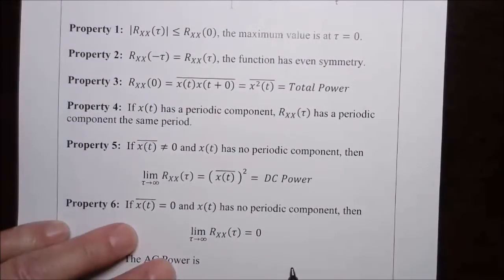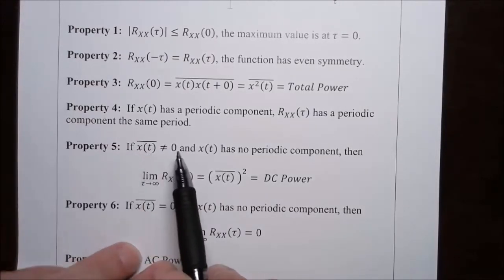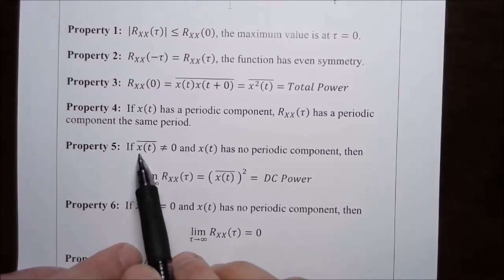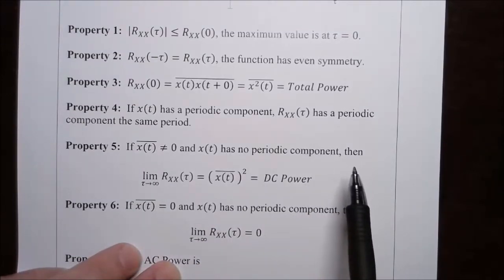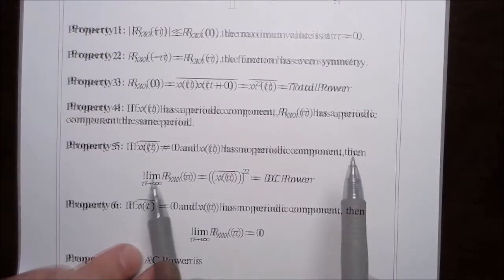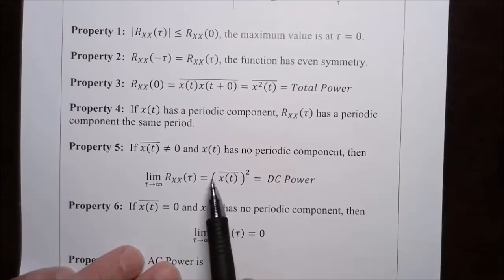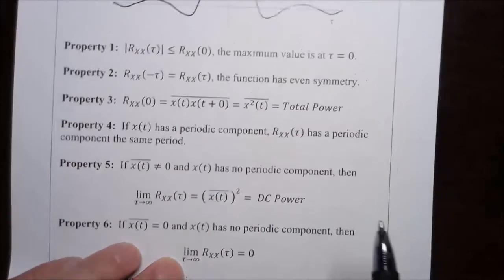If the average value of the random signal x of t is not 0, if it's got a DC component and it has no periodic component, then if you look at the autocorrelation value as tau is large, that will give the DC power in the random signal.